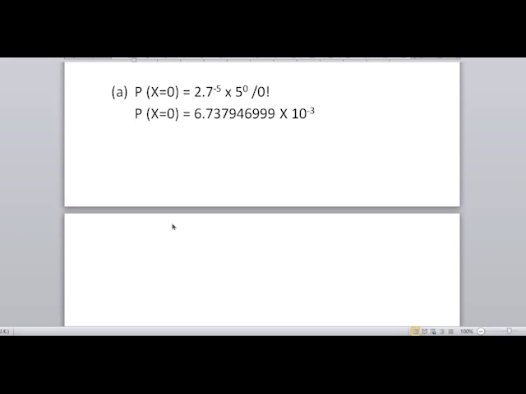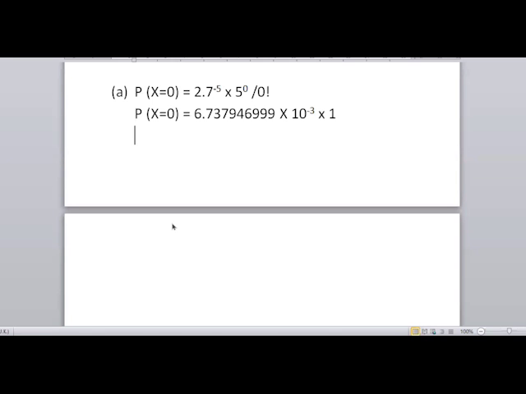Okay, all right, thank you. Then everything multiplied by, what is 5 to the power 0? It's 1, right? Yes, sir, it's 1. So your answer is basically this here.